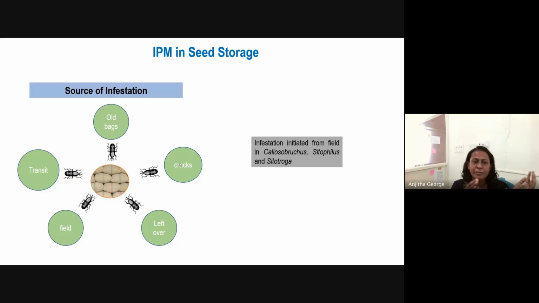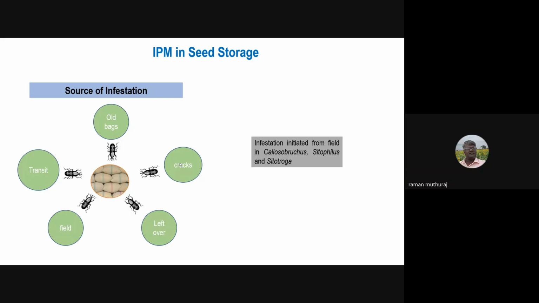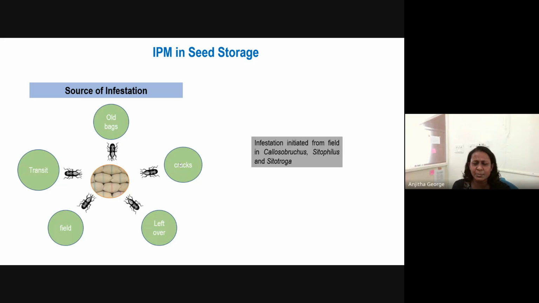So when you are bringing the seed lot, it will already have the eggs of these insect pests. And you will not come to know, because it is very difficult, except in the case of pulse beetle, where if you are experienced, you can make it out. But in the other cases, it is physically not possible. Then you store these seeds in your godown, and after a few months when you open it, the infestation will be there.